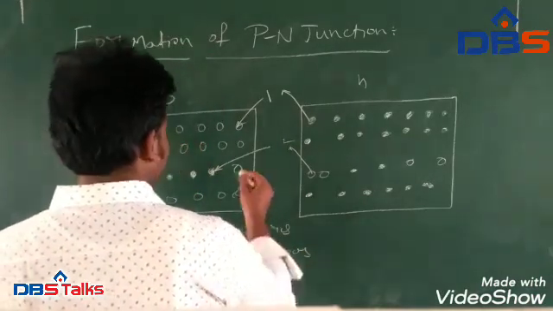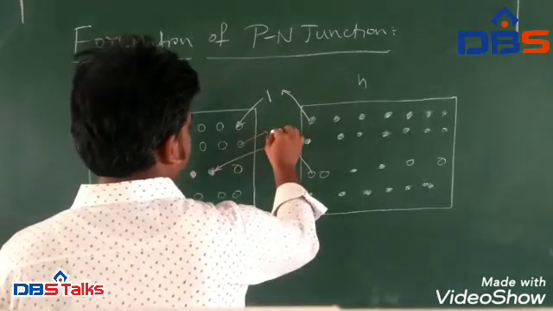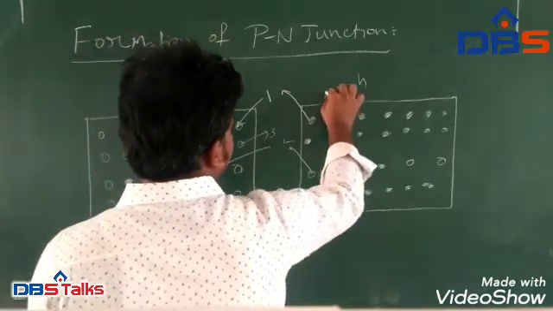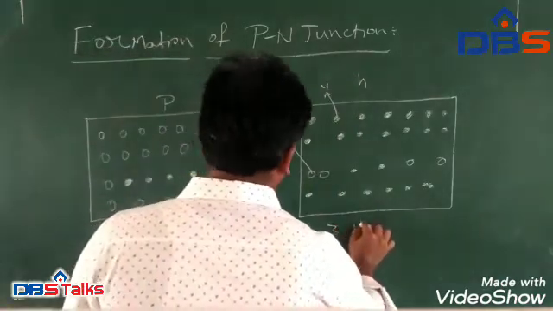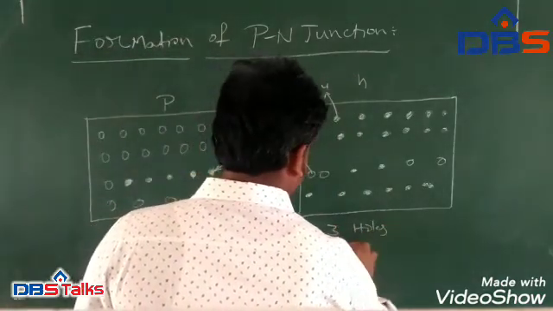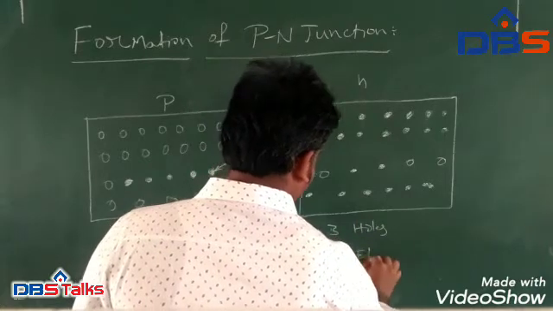And here 3 represents holes and 4 represents electrons.